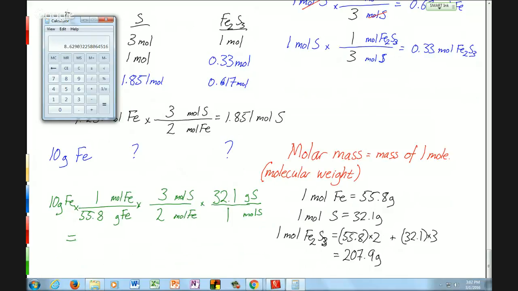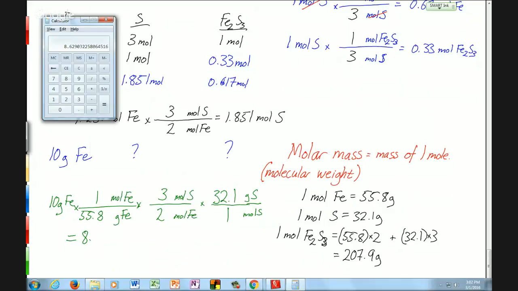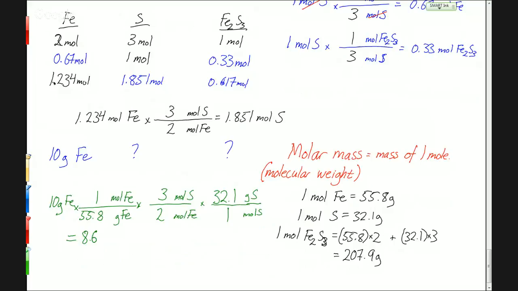And we get 8.63 grams of sulfur. So for every 10 grams of iron, if we want to do this reaction completely, we need 8.63 grams of sulfur.